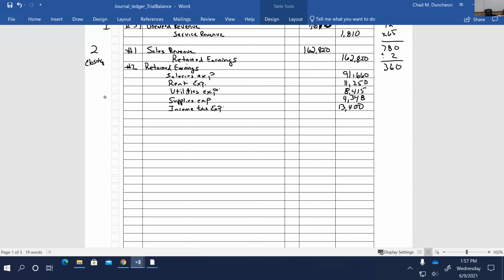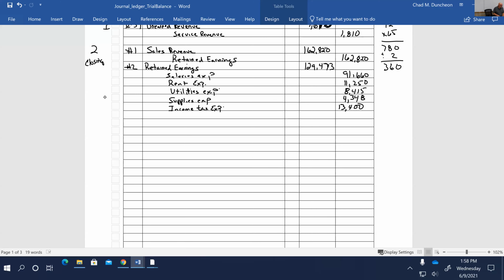If we have them all on there, we can add it all up. We have 129,473. The question doesn't ask here, but what is our net income?